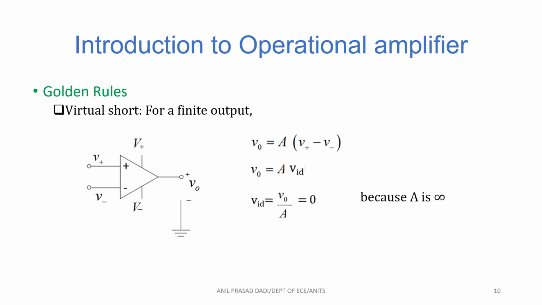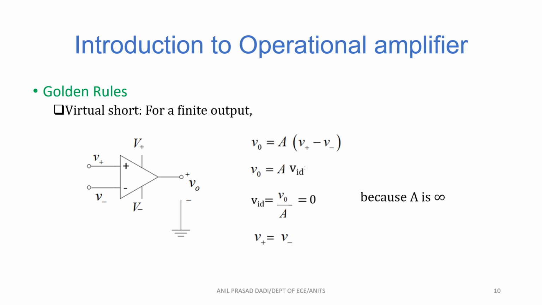For a given finite output, VID is equal to V0 by A and is equal to 0 because A is infinity. A is called the open loop gain of the op amp, and when it is infinity, the op amp is said to be ideal. That means for an ideal op amp, VID is 0, from which we can conclude that V plus is equal to V minus.